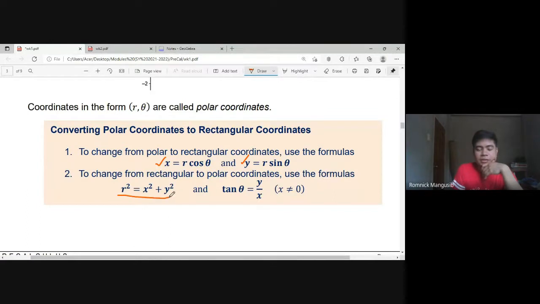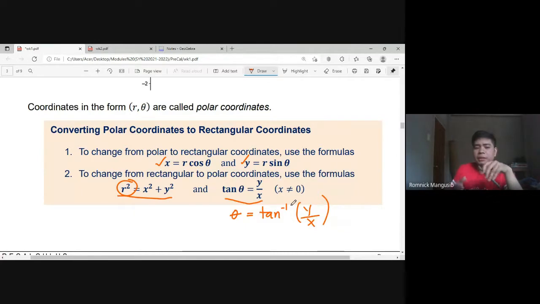Well, radius is the square root of x squared plus y squared. And tangent theta, wherein you're interested to get theta, is equal to arctangent of y over x, inverse trigo.